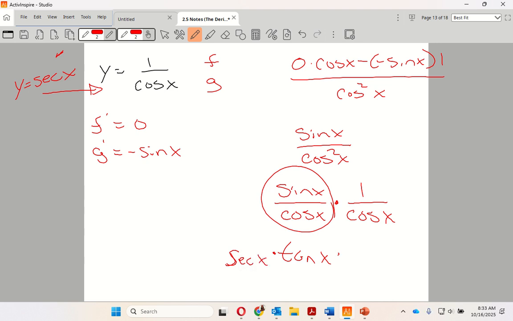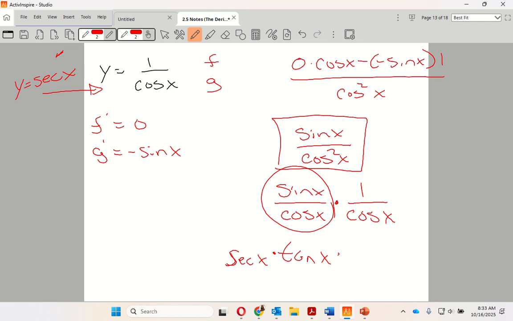Secant tangent. So the derivative of secant is secant tangent. Or tangent secant, but like I said, normally when you see this written out, it's written as secant tangent. Or you could just go, hey, I did the math. This is correct.